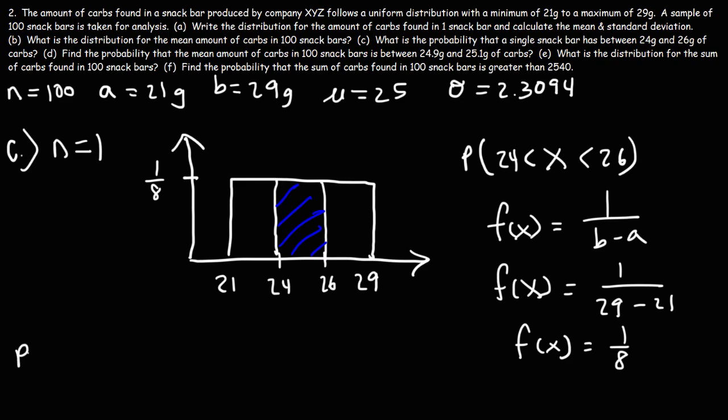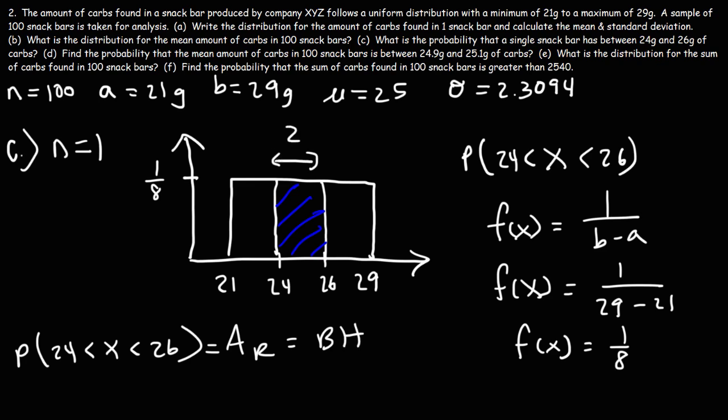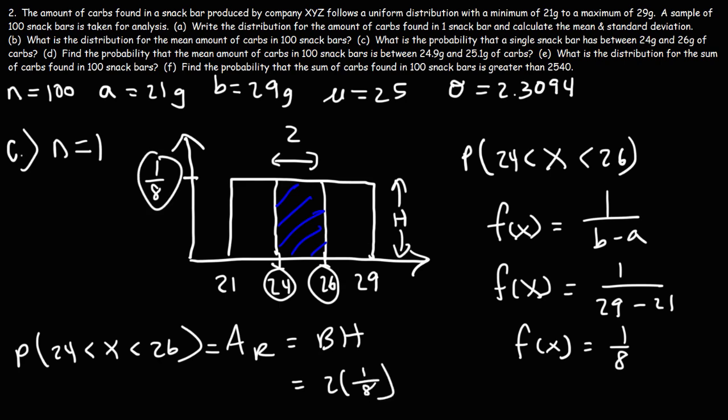So now we can calculate the probability that x is between 24 and 26. This is going to be the area of the rectangle, which is the base times the height. So the base is the difference between 26 and 24, which is 2. The height is basically f of x, which is 1 over 8. So this becomes 2 over 8. 8 divided by 2 is 4, so 2 over 8 is 1 over 4.